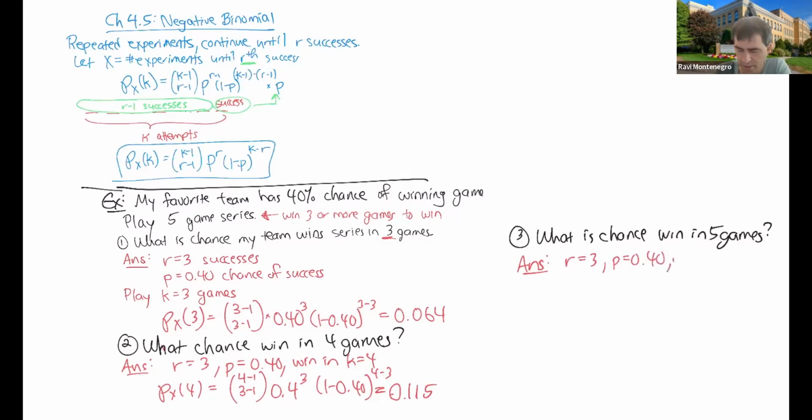But now we win in k equals 5. So 5 minus 1, choose 3 minus 1. And then I have to plug all of that in. And this will be 13.8%.